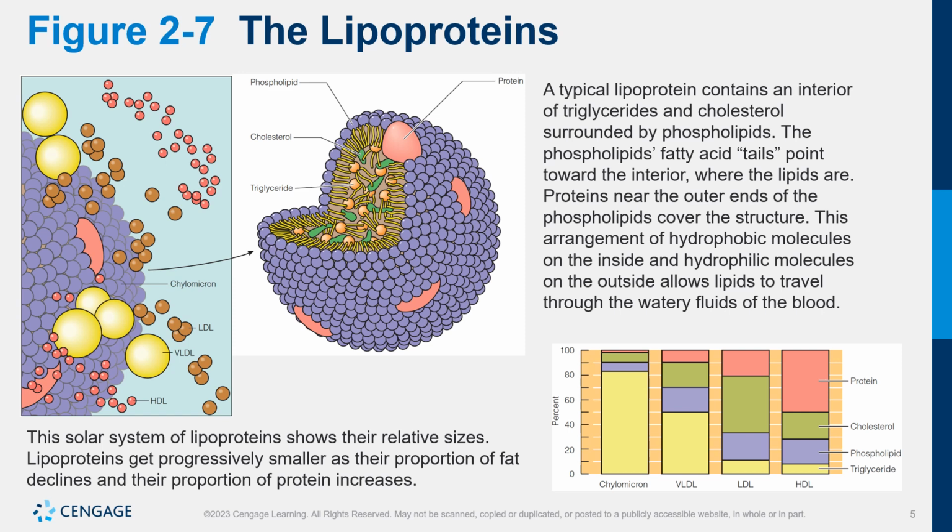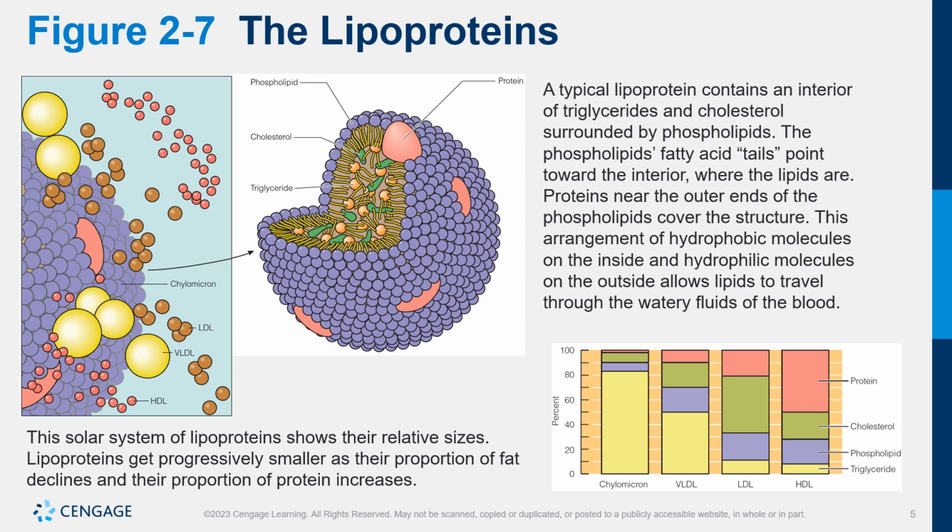We can see that chylomicrons are very big, and they consist primarily of triglyceride. We can see that VLDL and LDL have lower amounts of triglyceride, but increasing amounts of cholesterol. And we can see that HDL has the most protein and the lowest amount of triglycerides.